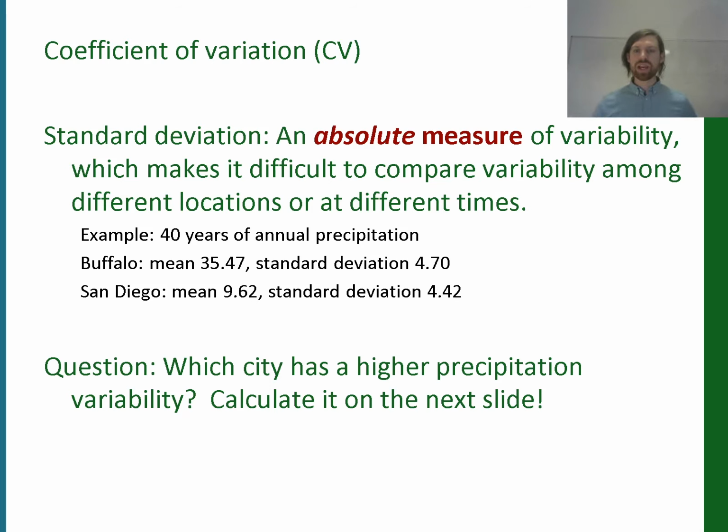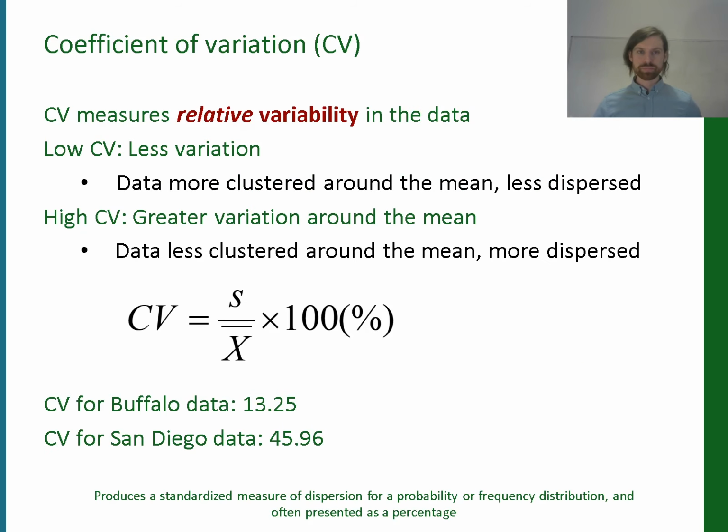So for the standard deviation, we're talking about an absolute measure of variability, but maybe we want to compare different places in terms of their precipitation amount, or maybe we just want to compare different data sets which are measured in different units. So it's relative. That's the important point with the coefficient of variation.